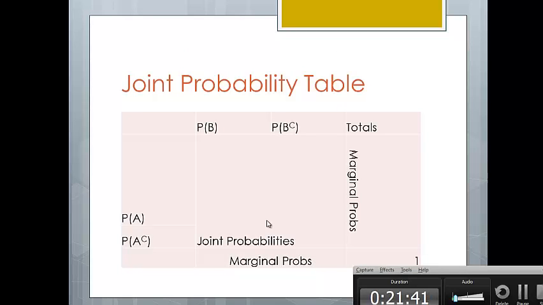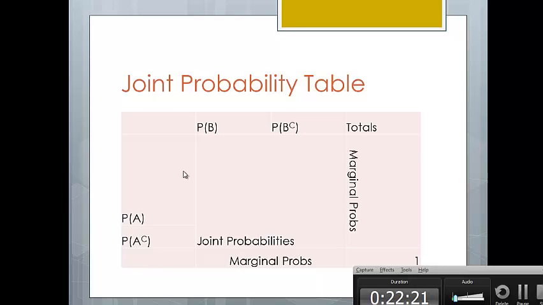This can be shown in a joint probability table. So this is written in generic terms with a probability A and a probability B. The complement of event A is anything that is not in event A, and the complement of event B is anything that is not in event B. So when we write this into a table, the marginal probabilities would be on your right-hand side and the bottom.